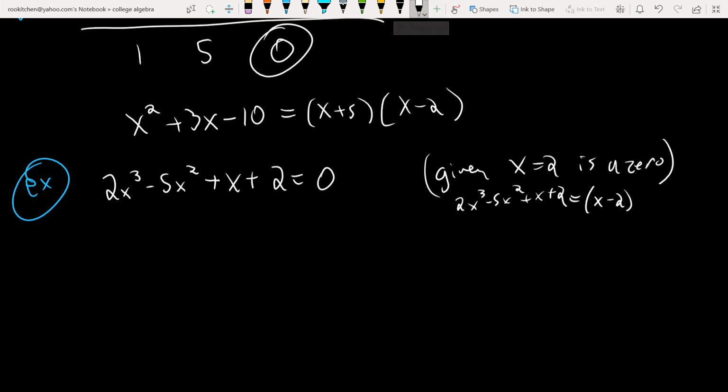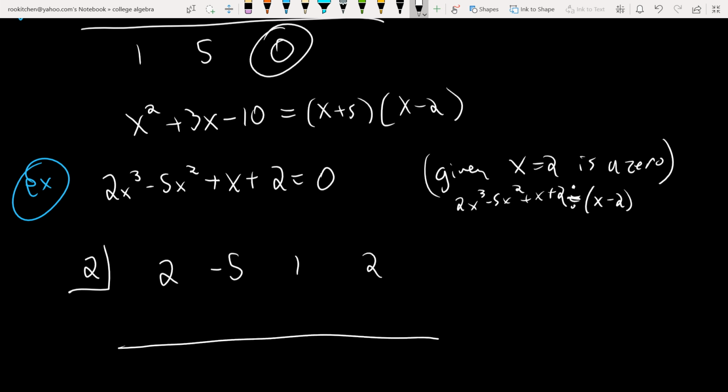In other words, when you divide this polynomial by x minus 2, you're going to get a remainder of 0. Okay, so how do I use that to then factor this thing, right? So if they say 2 is a 0, that's what you're going to be dividing by. Okay, 2. Then we do our polynomial or synthetic division.